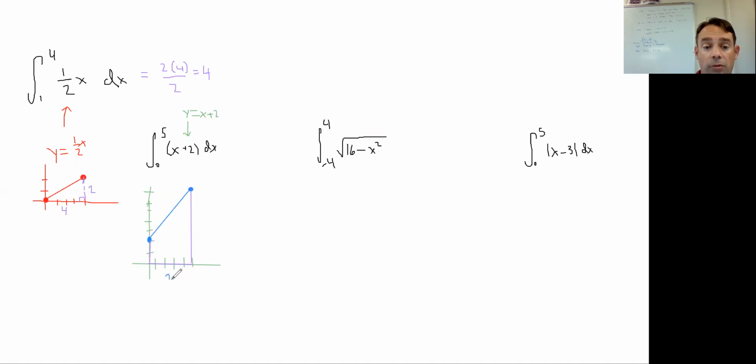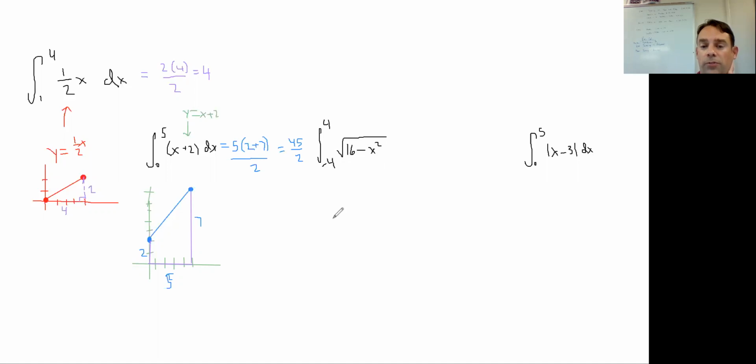So I have 2. I lied, that's a 5. That's 2, and that's 7. So this is a trapezoid. 5 times 2 plus 7 divided by 2. So if I were to find the actual area of this thing, I believe it would be 45 halves. So that definite integral is going to be equal to 45 over 2.